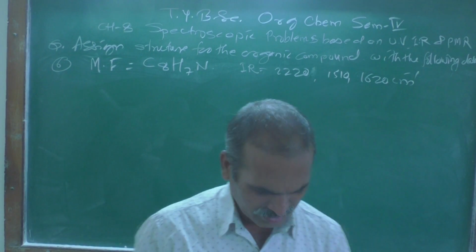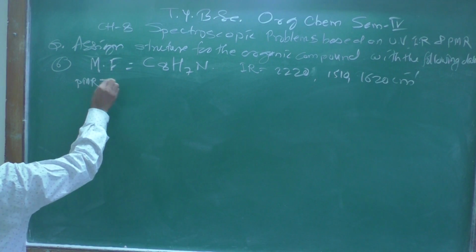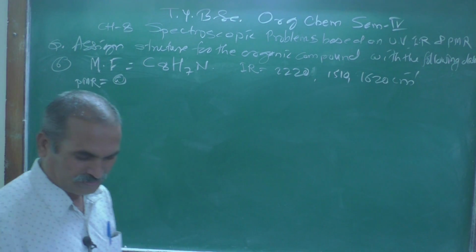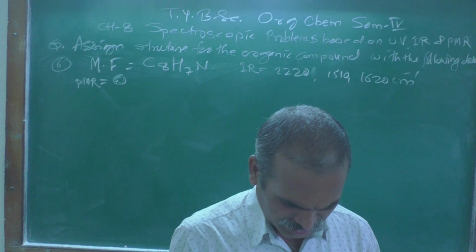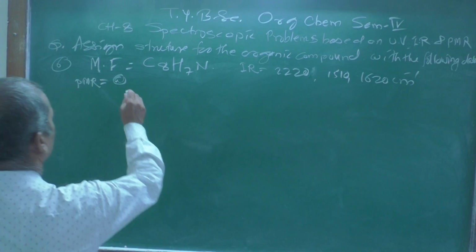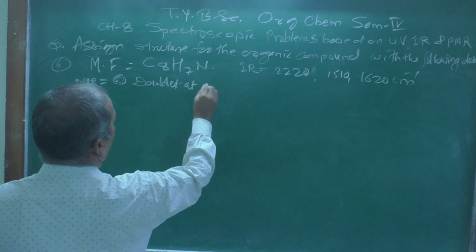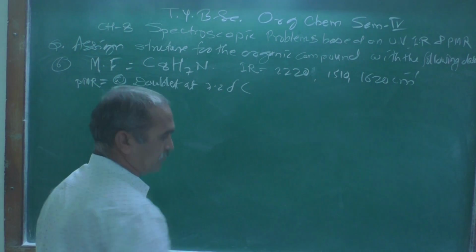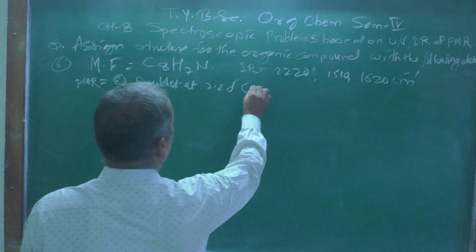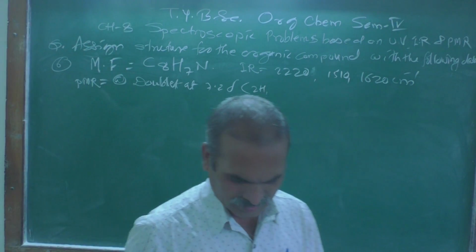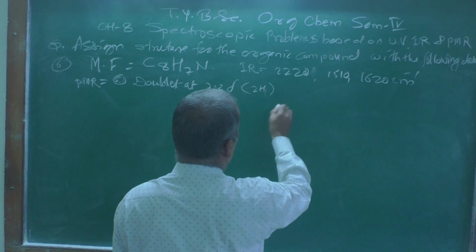Next, the PMR values are given. A: doublet at 7.2 delta, 2H.